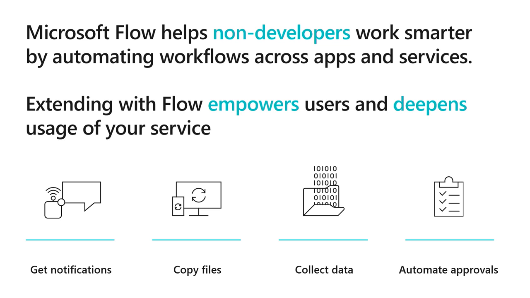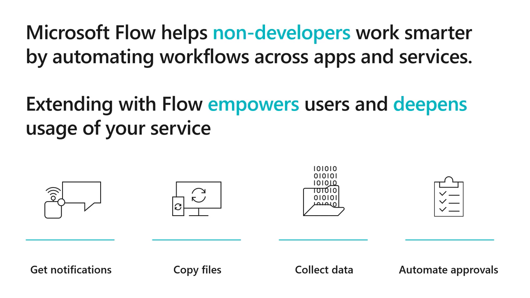You can do quite a lot with Flow. You can do things like get notifications, copy files, synchronize data, and a lot more. Approvals is one of the features that a lot of our users use within business organizations and other types of constructs. So now that we know a little bit about Flow, how can Flow help you as an application owner?